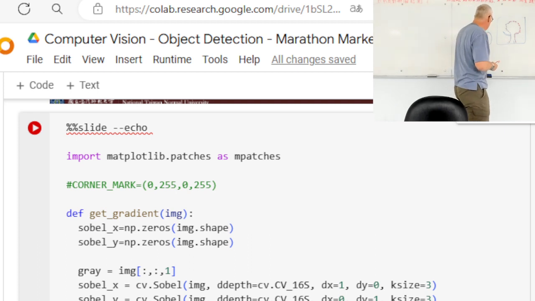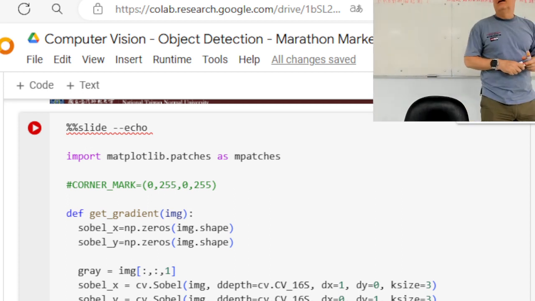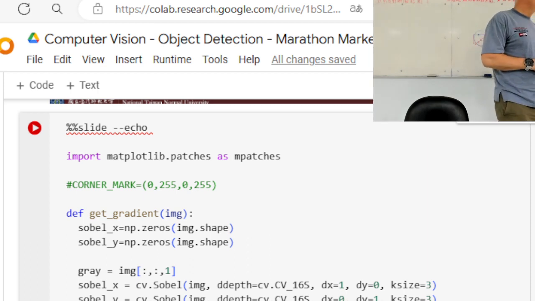So that would be this angle here, and oh, so close. The magnitude, right? Yeah. So those are the two pieces of information that we would get out of calculating the gradient.